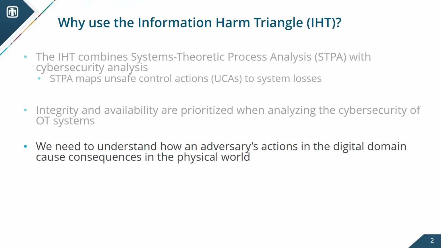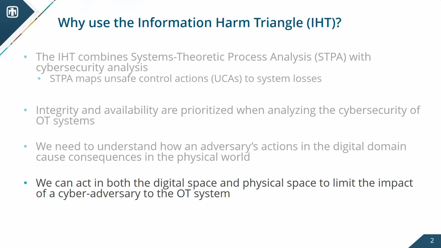In our community, we care about those things that harm people, the environment, society, and property. And so how do we understand how the adversaries can enable that and reduce that to build out protections in defense in depth to limit their harm in the digital space and limit the harm within the physical world?